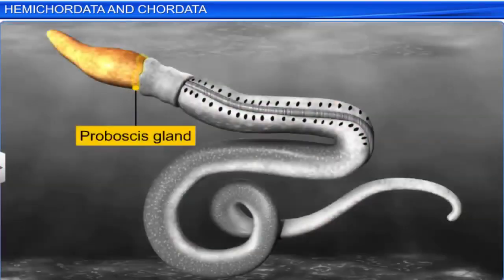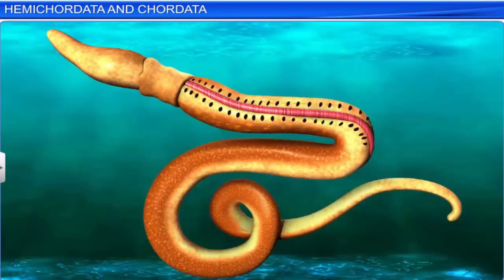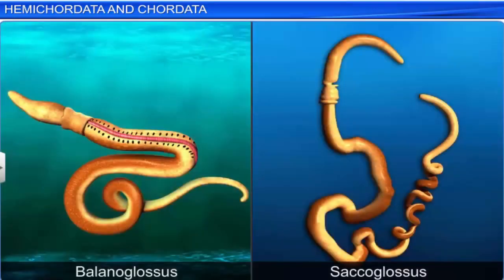The proboscis gland functions as an excretory organ. Hemichordates are dioecious and fertilization is external with indirect development. Balanoglossus and Saccoglossus are examples of this phylum.